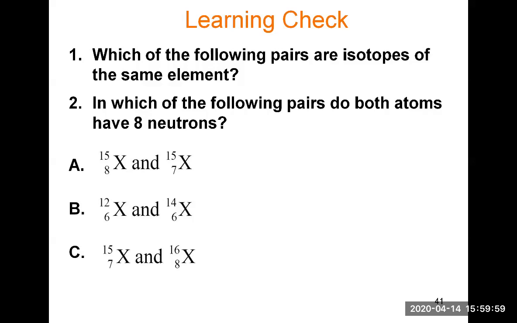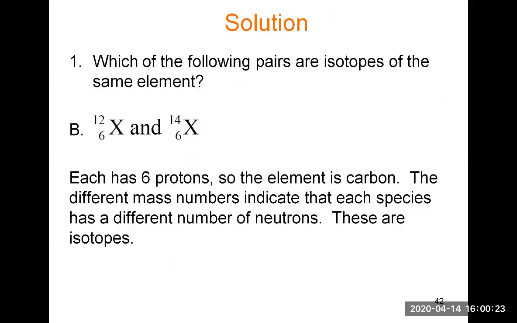And for these two to be the same element, you have to have the same atomic number. Otherwise, it would not be the same number of protons and not the same element. So you want to find the pair that has the same atomic number. And here, solution B would be the answer, because we have both 6 and 6 in the lower left corner.